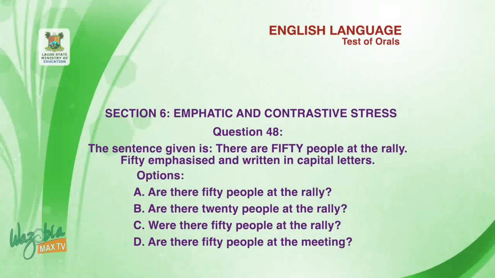D, are there 50 people at the meeting? The correct option is option B, where 20 is contrasted to the emphasized word in the sentence given, 50. Are there 20 people at the rally? No. There are 50 people at the rally.